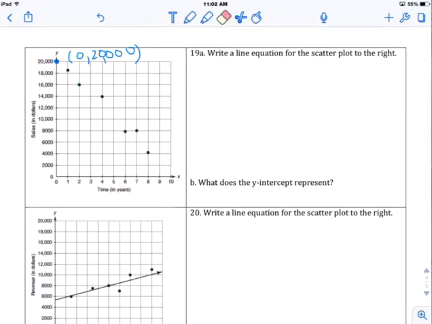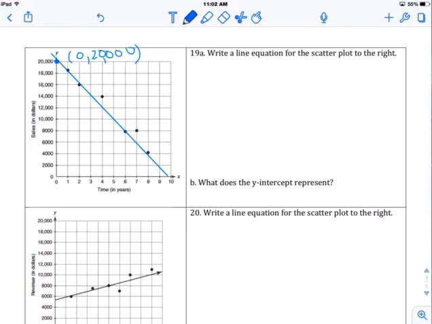I meant to erase it and make it still not quite on. No, that's a horrible line of best fit. That's better. There we go. It's a decent enough line of best fit.